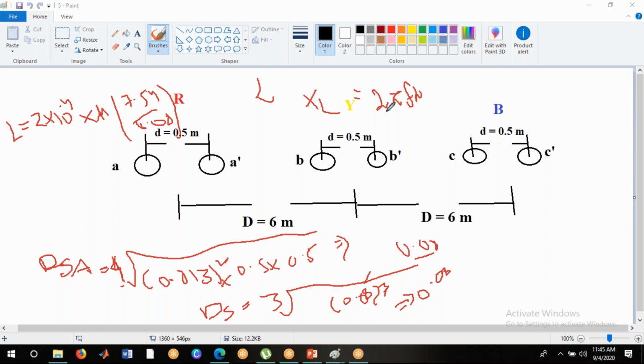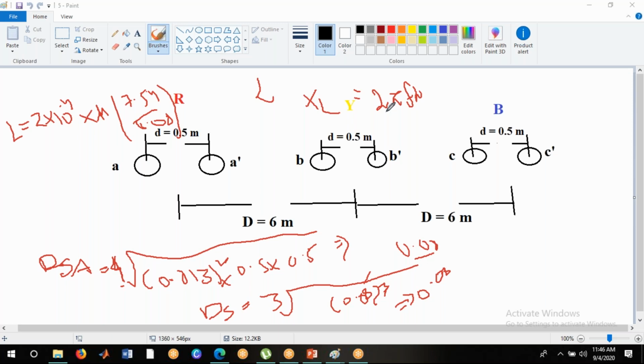Students, what is the unit of inductive reactance? Henries or ohms? Right, ohms. So this is the unit of inductive reactance.